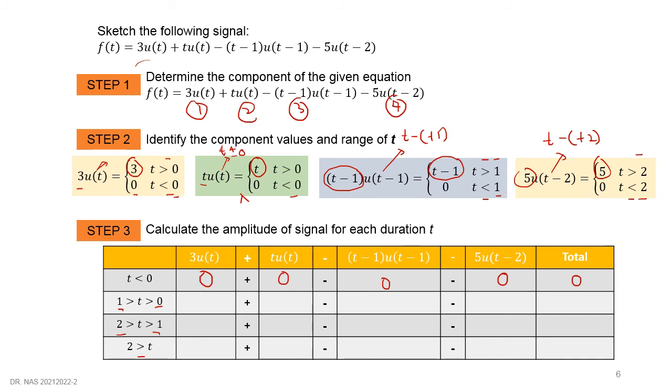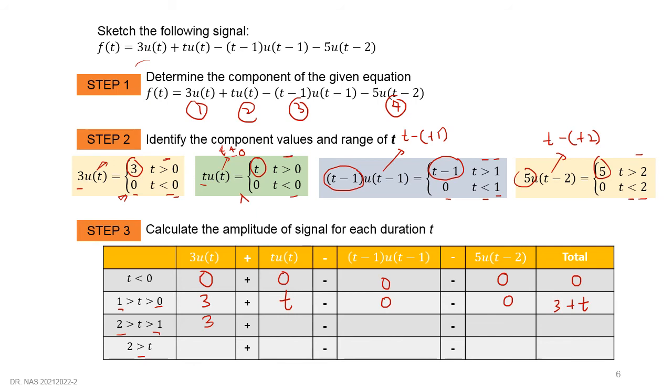Okay, when t is now larger than 0 but less than 1. Larger than 0 for the first component, the amplitude is 3. The second component, larger than 0, the amplitude is t. The others are still 0 and 0, so it is 3 plus t. The next range, larger than 1. Any values larger than 0, always 3.